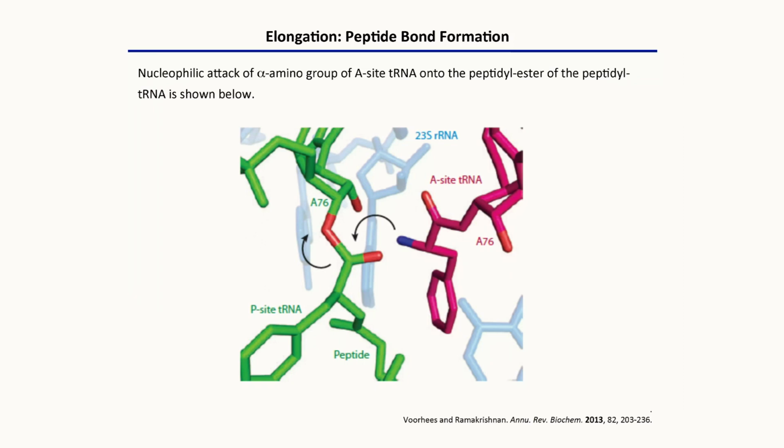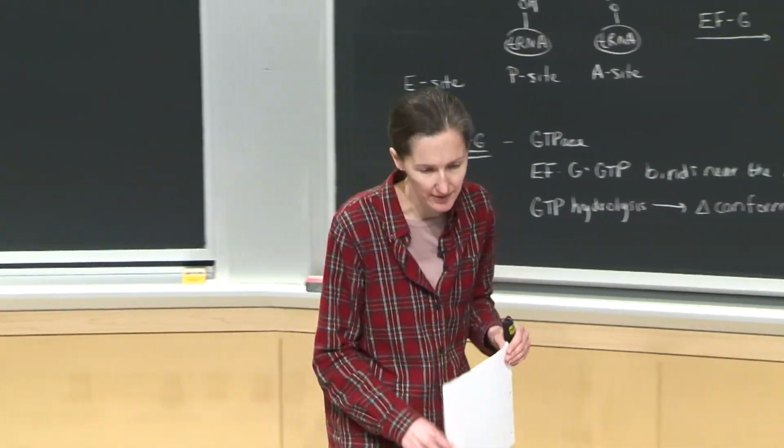We have the A site tRNA in this red color, and then we see the 23S rRNA shaded in light blue in the back. Okay, so here's A76. Here is an attached amino acid, and we see the nucleophile here and attack there. Okay, so substrate positioning within this active site.